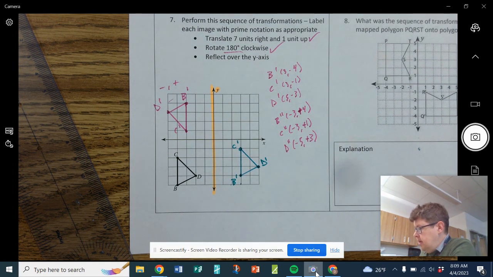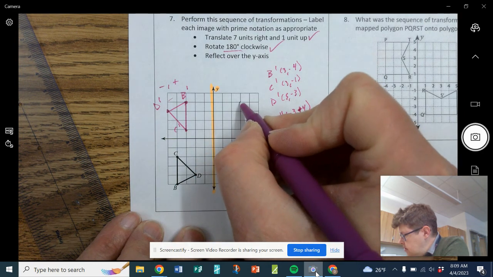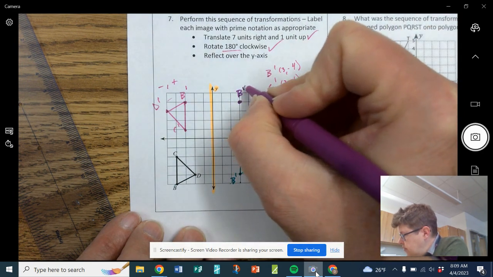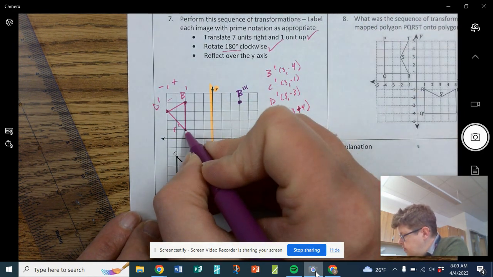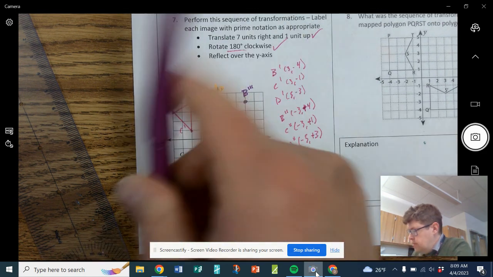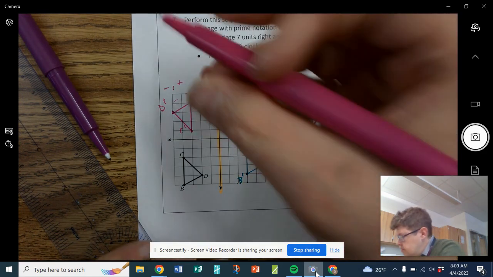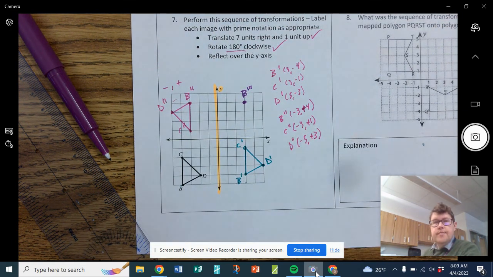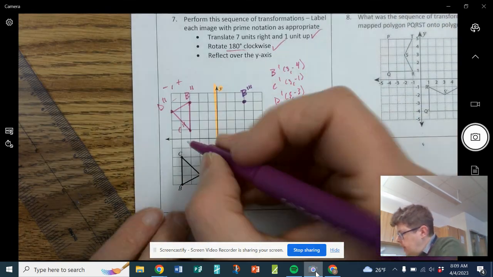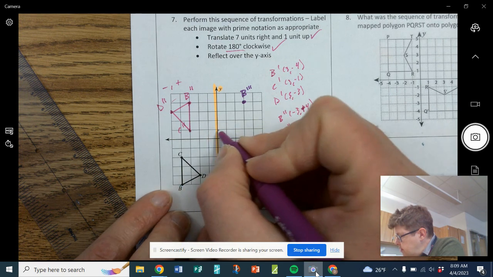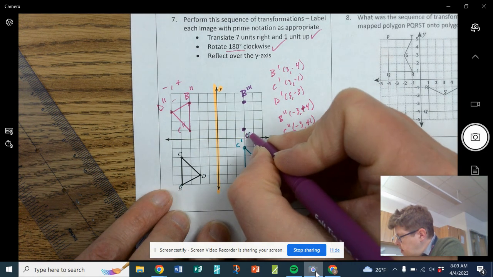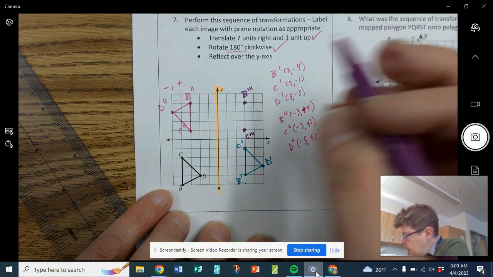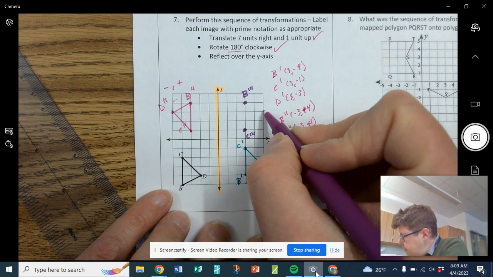So I've got B prime is 3 away, so B triple prime is right there. C, you know what I forgot to do? I forgot to do my double notation on there. C double prime is 3 away, so C triple prime is 3 away. And then D double prime is 5 away.